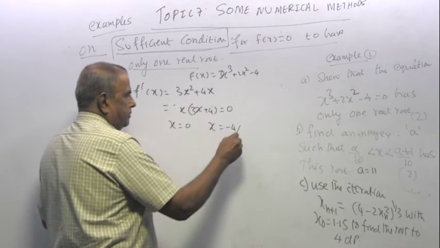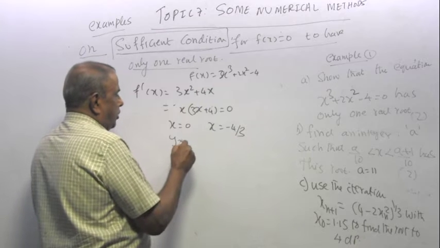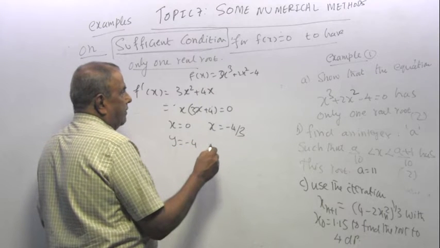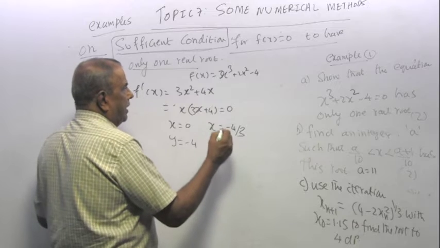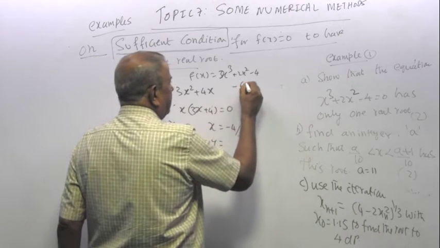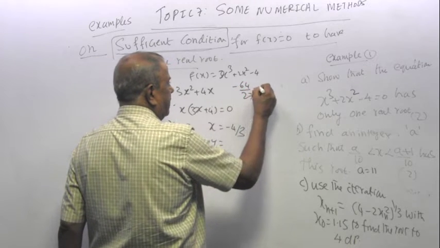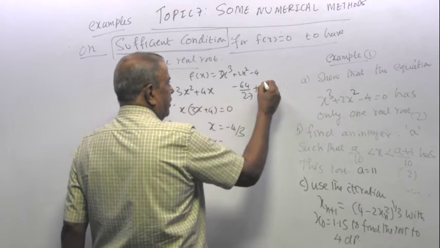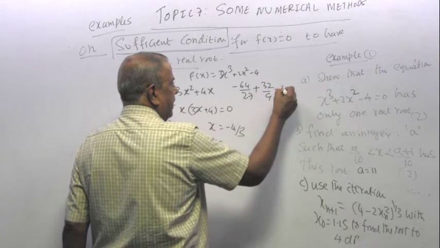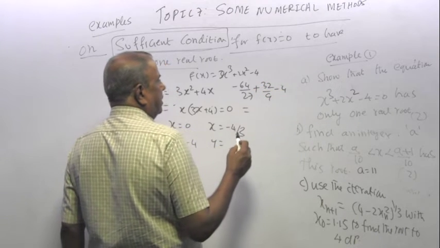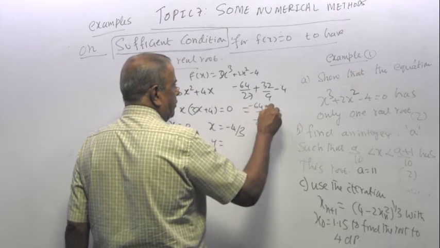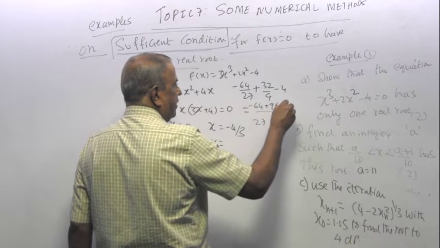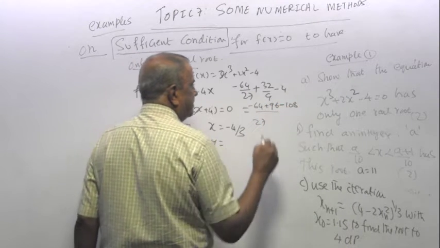When x is 0, y is minus 4. When x is minus 4 over 3, what is y? y will be minus 64 over 27 plus 32 over 9 minus 4. 27 is the LCM: minus 64 plus 96 minus 108.